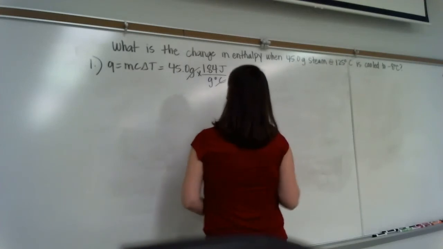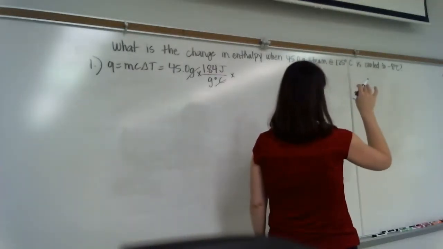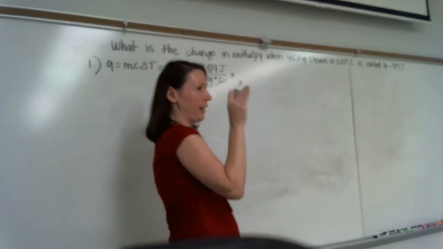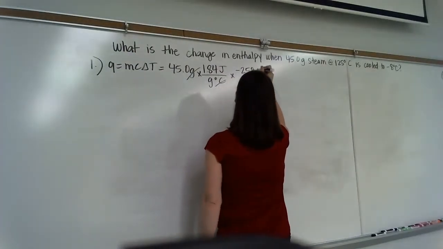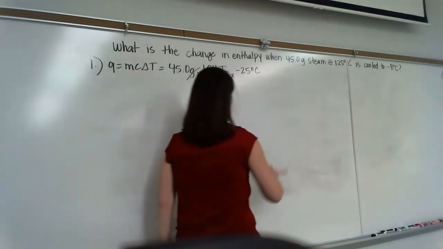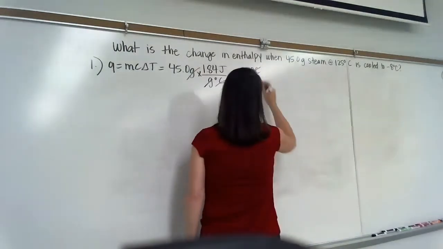Delta T, we went from 125 to 100, so final minus initial, so what's delta T? Negative 25 degrees Celsius.